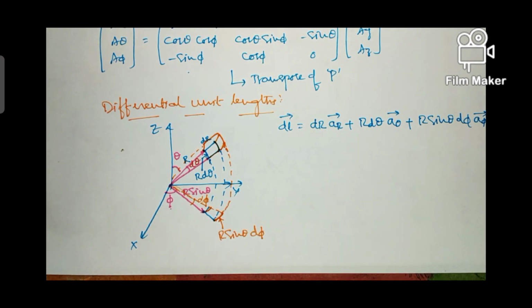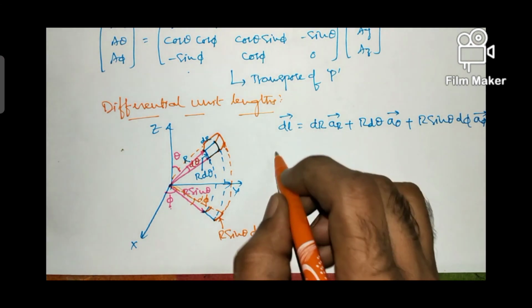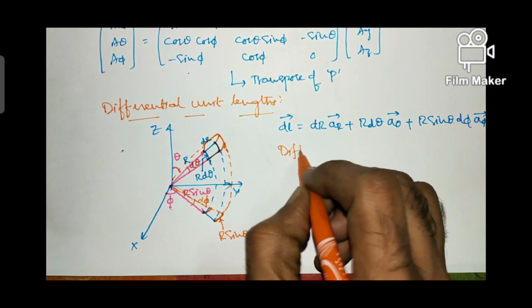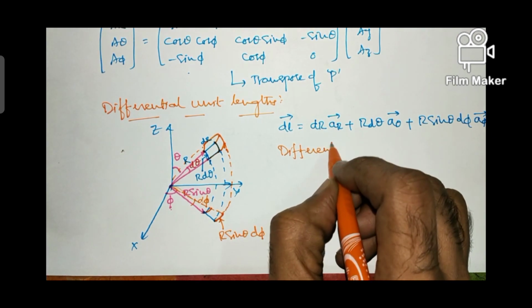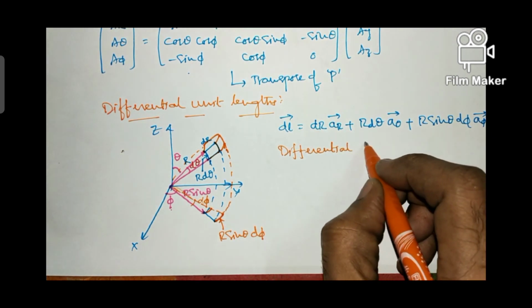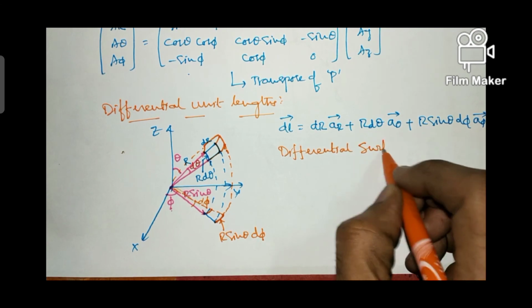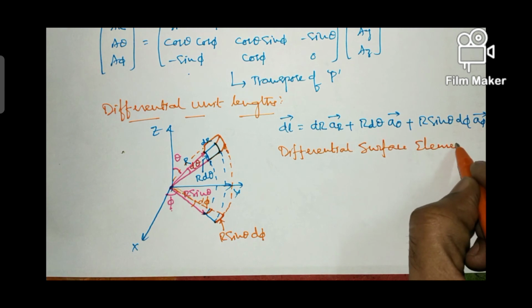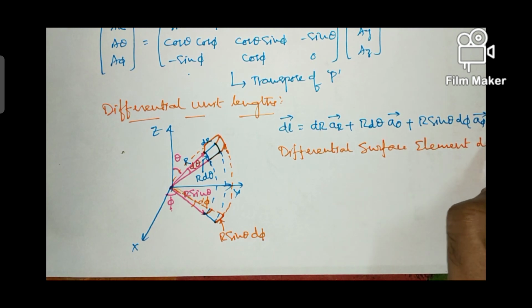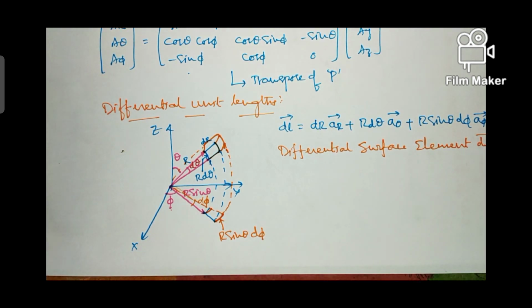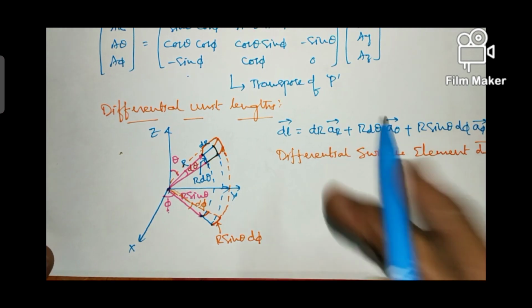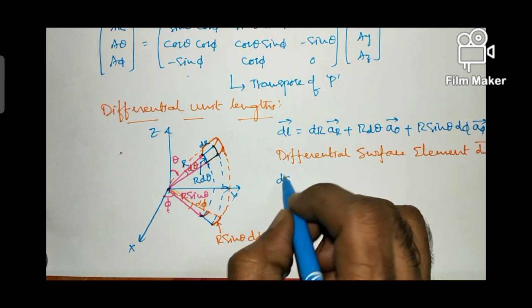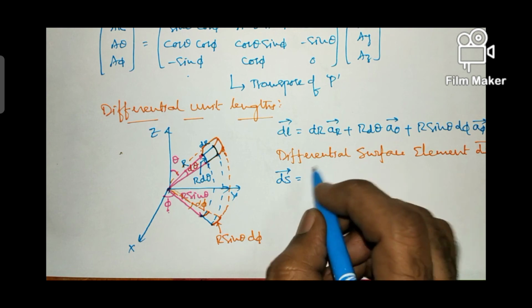Similarly, one can find out the differential surface element ds bar. Here we consider the product of any two differential lengths, and the direction will be along the third one.